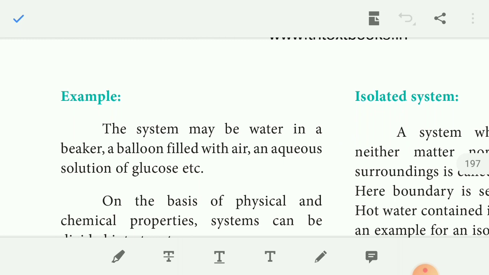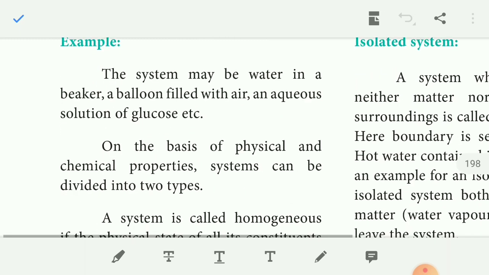On the basis of physical and chemical properties, a system can be classified into two types. A system is called homogeneous if the physical state of all its constituents is the same. For example, a mixture of gases that are completely miscible, a mixture of liquids, etc. Another example is water mixed with milk. Milk and water are completely miscible, so this is homogeneous.